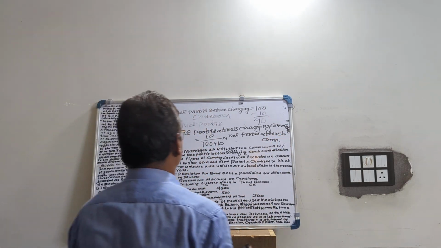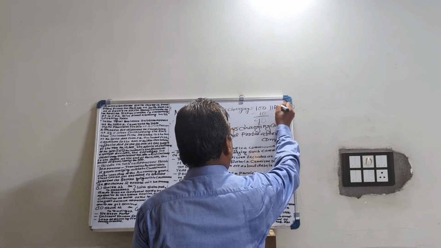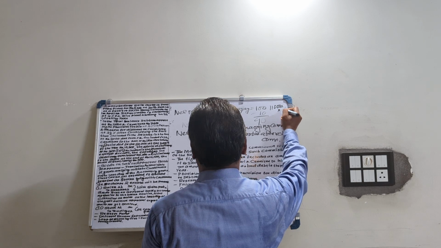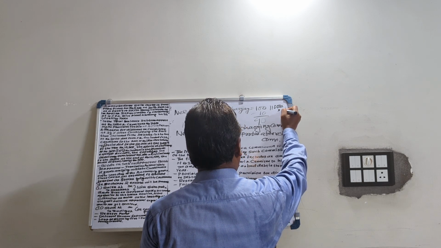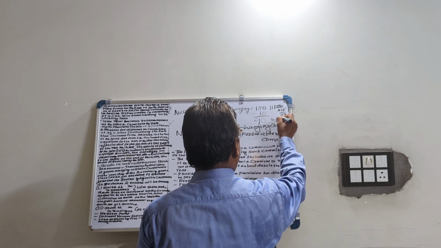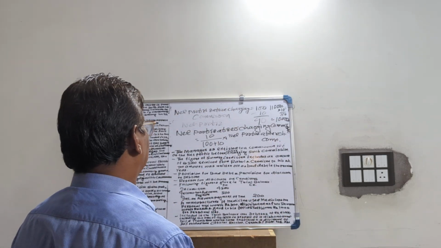Suppose profit is 1,10,000 after charging commission. Then commission is 10 by 110, which means 1 by 11. That is 10,000. So commission is 10,000.